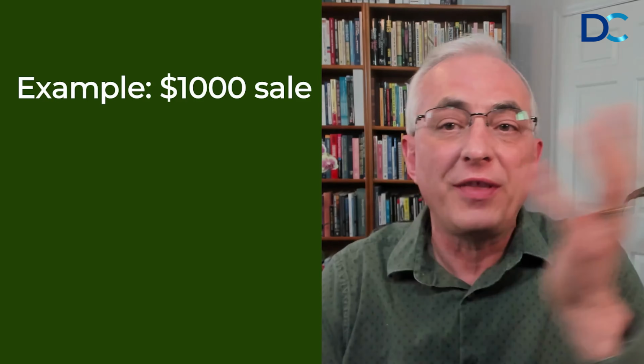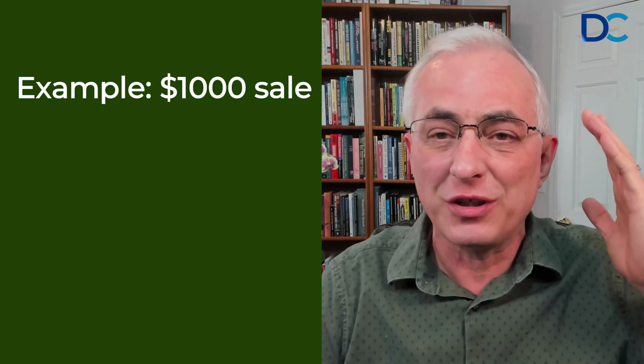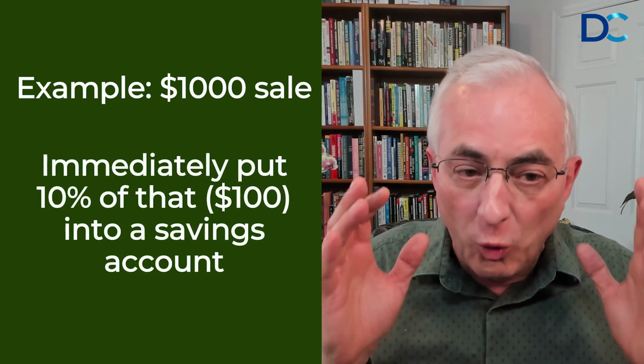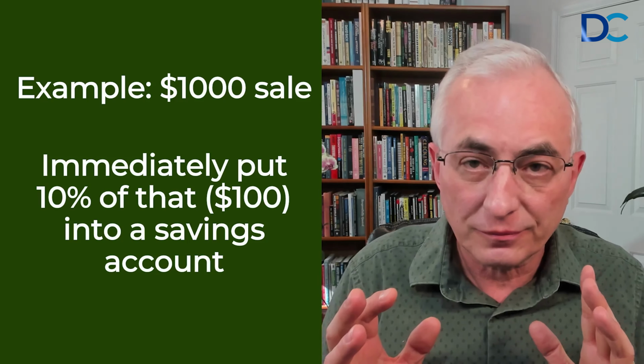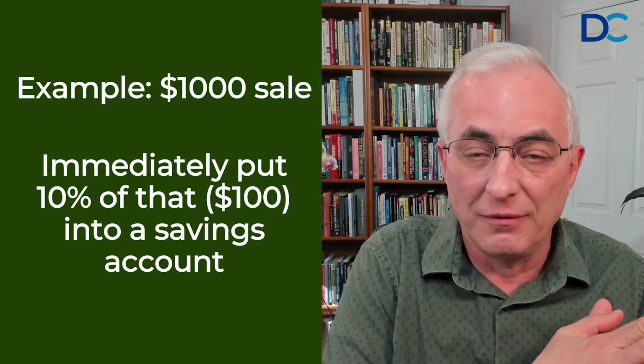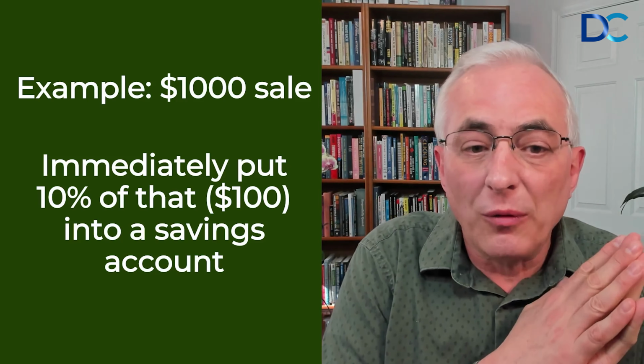So let's show you how this works. Let's just imagine that you make a $1,000 sale. Congratulations, you just made a $1,000 sale. Immediately take 10% of that, just $100, and put it into a savings account. So what that will do is it just starts accumulating. Let's just imagine that you made $10,000 in sales during the month.